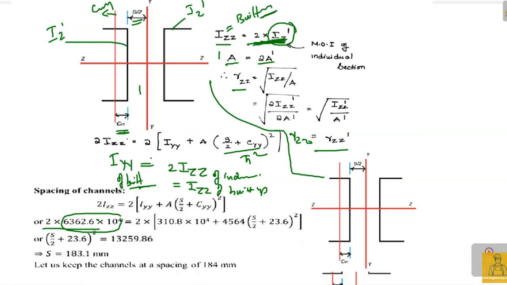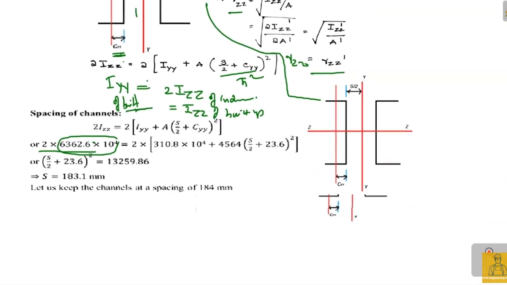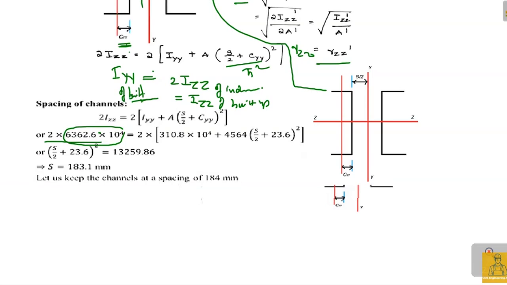On substitution of these values, where IYY is the individual moment of inertia of the section about ZZ, on calculation you will get S equal to 183.1 mm. So just round it off to 184 mm. So the spacing that has to be provided between these two channel sections is 184 mm.